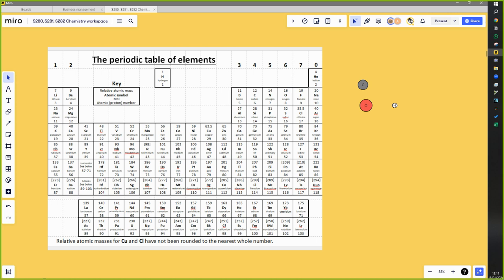Now, the next thing we want to know about these is how many atoms there are, because if we look at one of the numbers on the different elements, different types of atoms, on the periodic table, the bottom number is called the atomic or the proton number. For now, let's refer to it as the atomic number, and this is atomic number 1. In other words, this is atom number 1. This is the first atom, hydrogen.